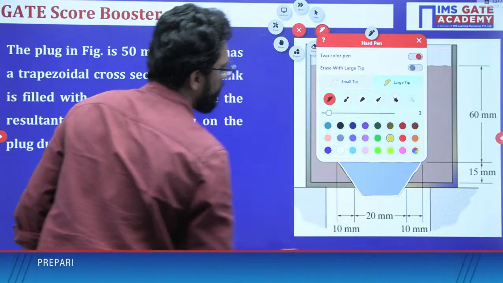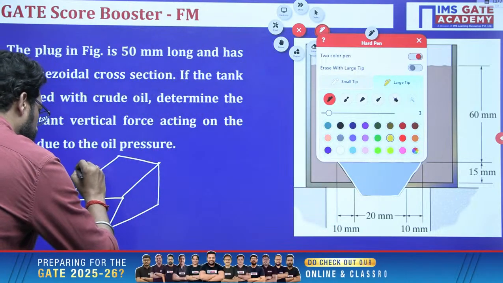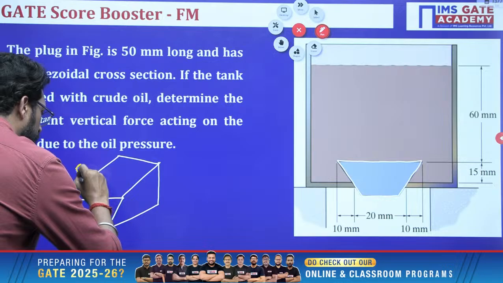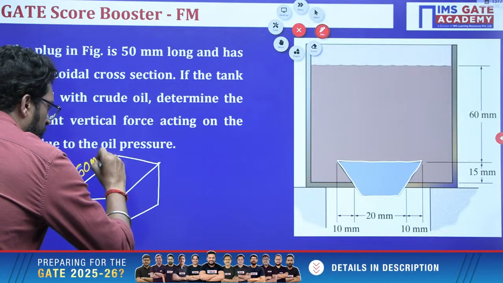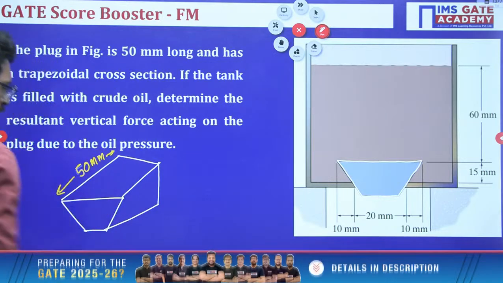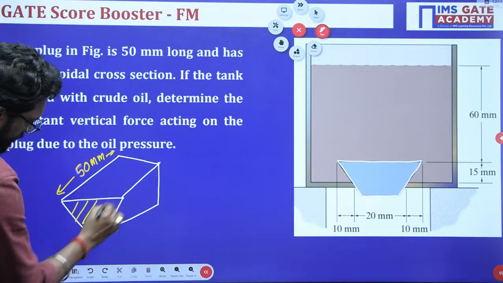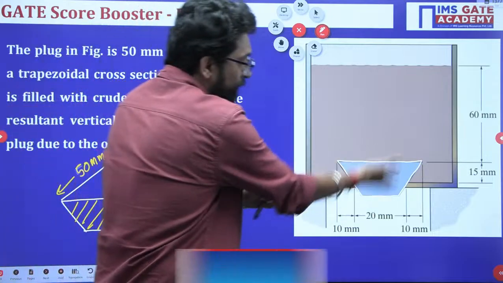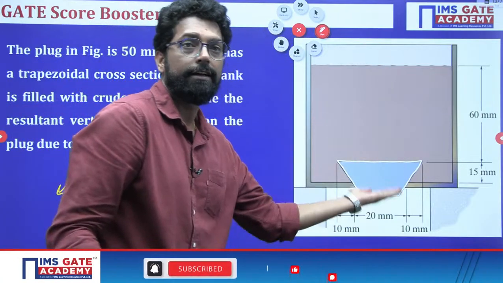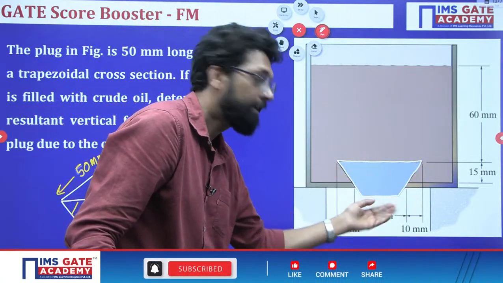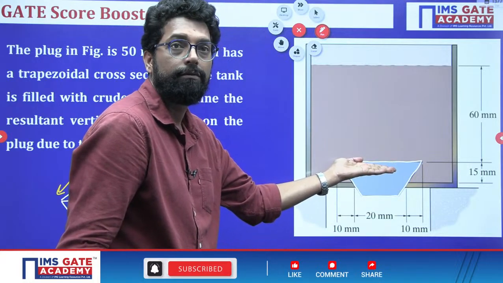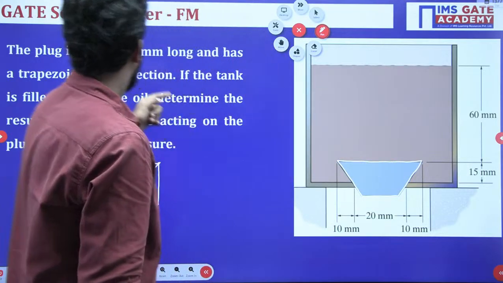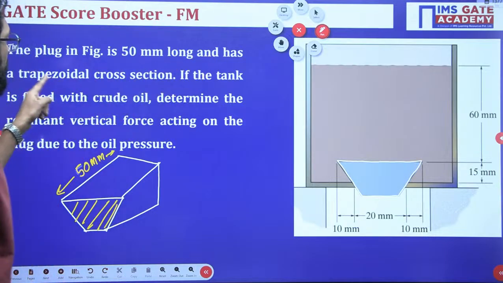This plug is 50 mm long, perpendicular to the page, and this is the cross section. It is inserted into the hole of this container. There is an orifice in this container, and we put this in it. It has a trapezoidal cross section.